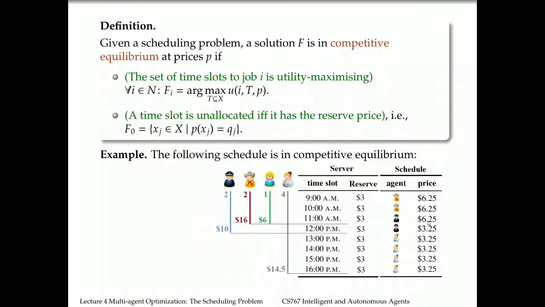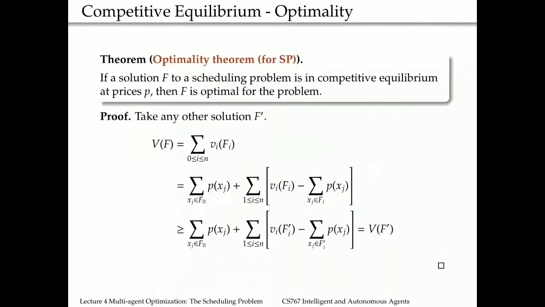So he has no incentive to really take further part in the market, right? So at this moment, even if he gets the empty set of time slots, we can say that he's still happy, he still gets his optimal bundle, and if you look at the whole set of agents, they're actually in competitive equilibrium.